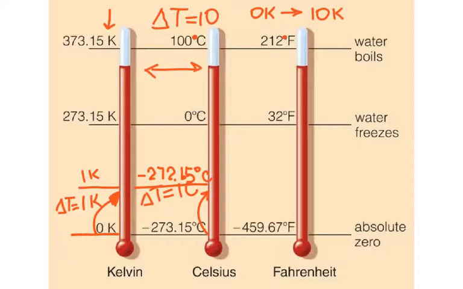And for Celsius, it would go from negative 273 degrees Celsius to negative 263 degrees Celsius. So the same delta T is 10 for both of them. So if you see delta T, it doesn't matter. You don't have to convert into Kelvin or Celsius. You just subtract two values that they give you.